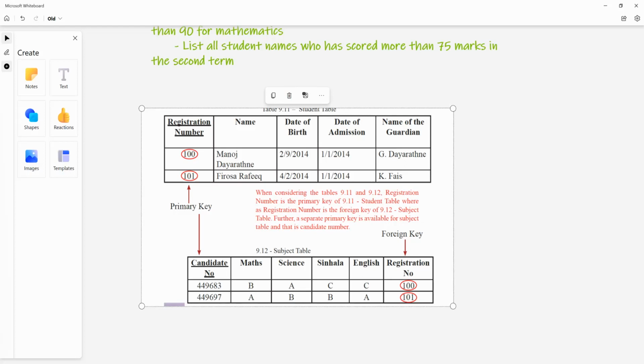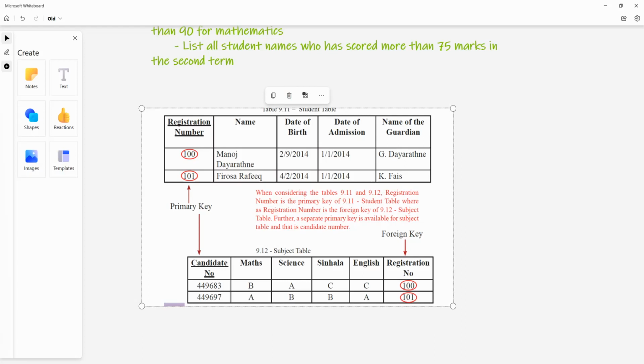Okay, Dolina, can you tell me what are the foreign keys in table 9.11, the student table? So in the student table, there are no foreign keys. To be a foreign key in a table, you have to meet two conditions.